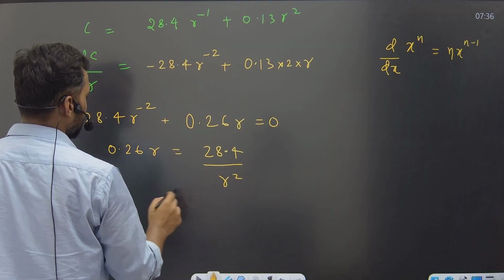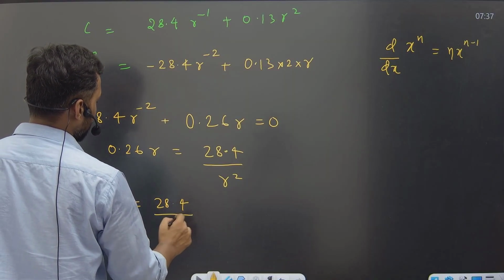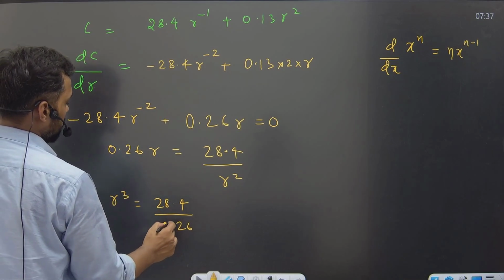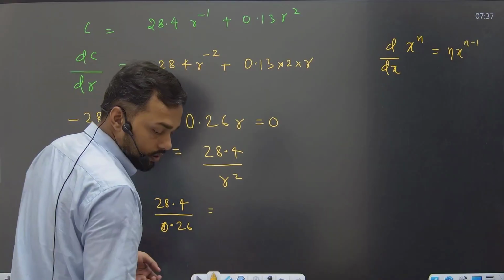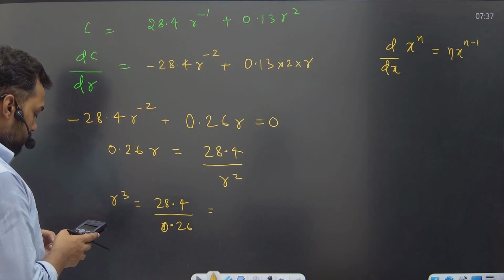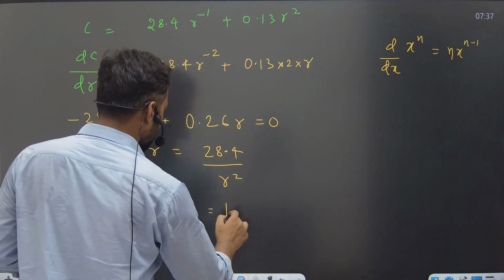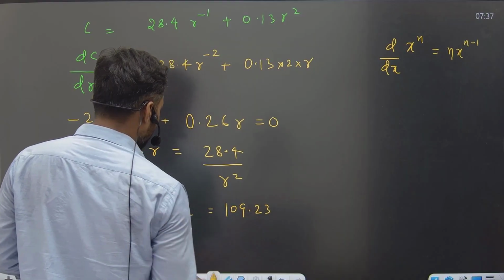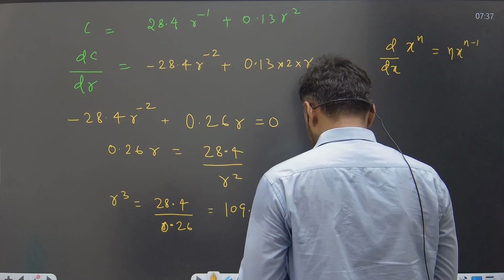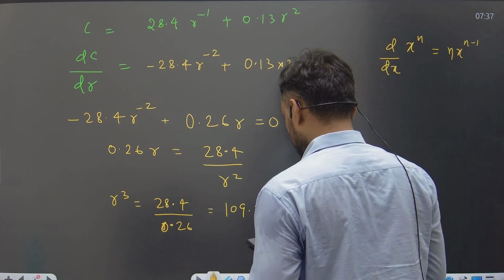Cross multiplying, r cubed is equal to 28.4 upon 0.26, which is 109.23. Taking the cube root of this number, we get 4.77.